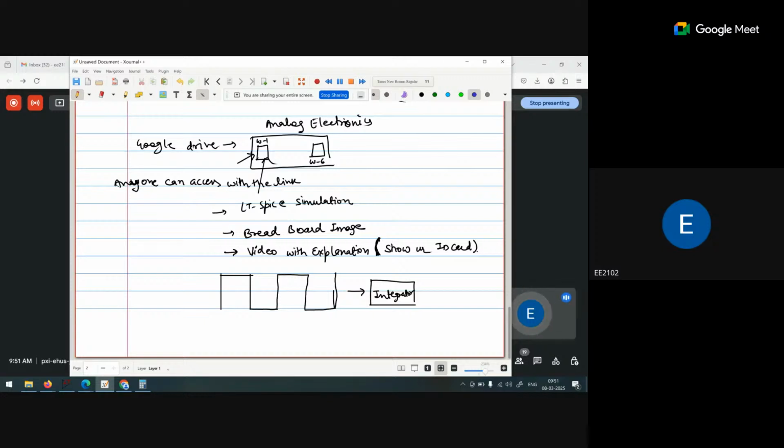Are you aware of signals and systems? If I take this particular signal as a u(t) signal with a duration of 0 to T, what is the integration of the u(t) signal?